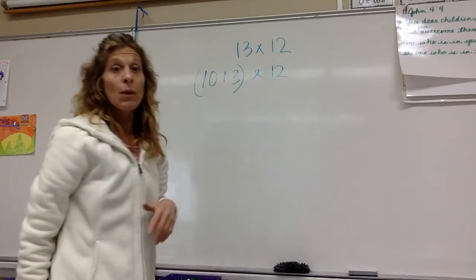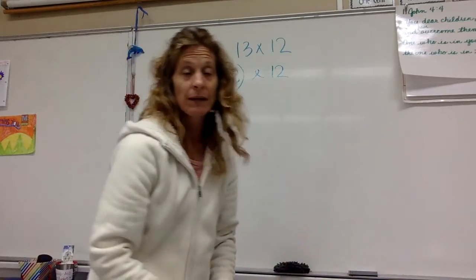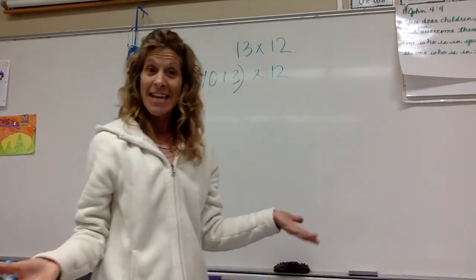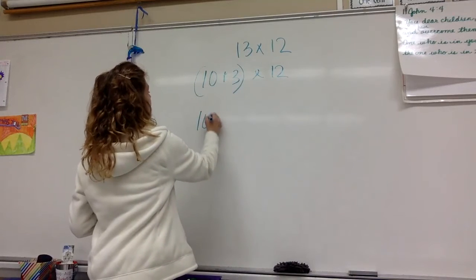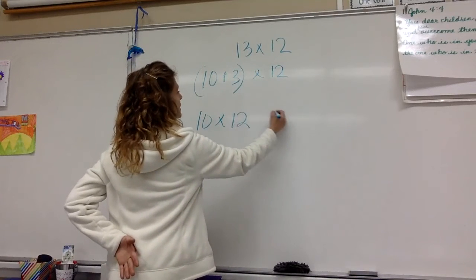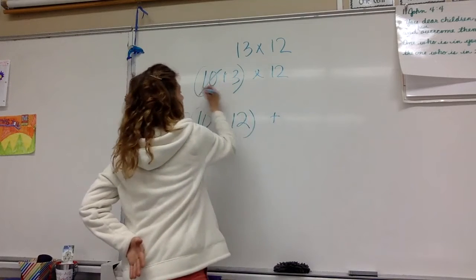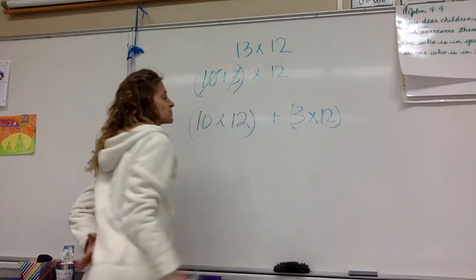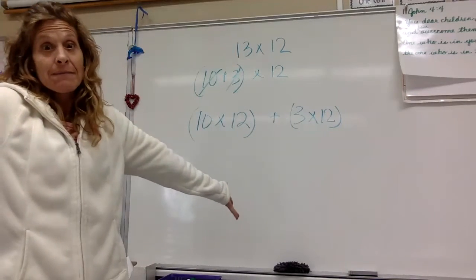Okay? Well, we have to multiply 10 times 12. We have to multiply 3 times 12. So let's write that down. 10 times 12 plus 3 times 12. Okay, now we just do the math.